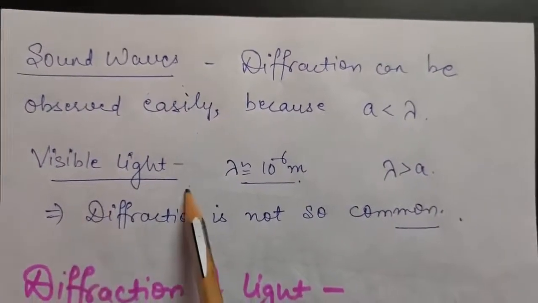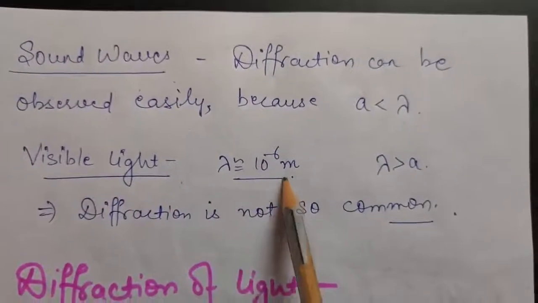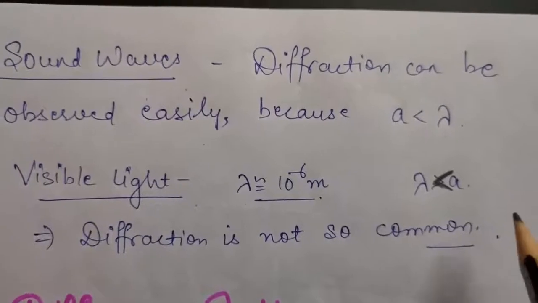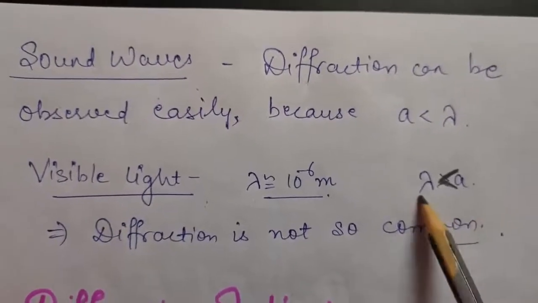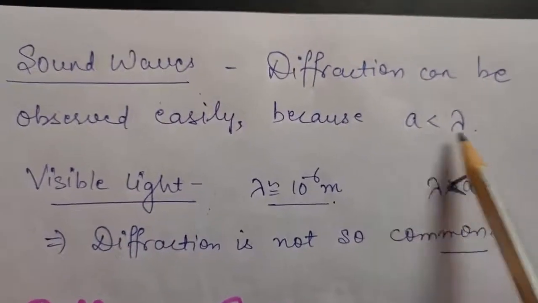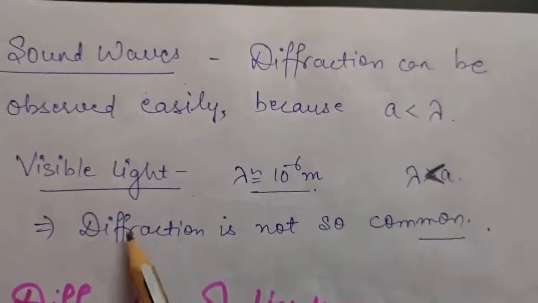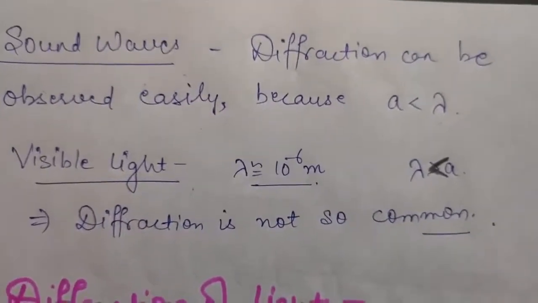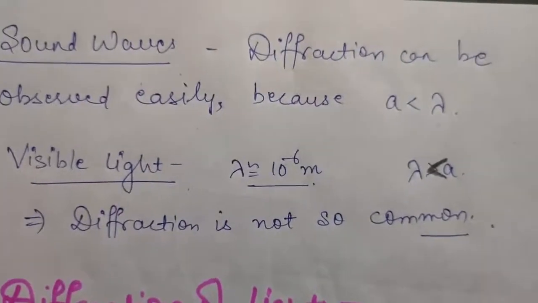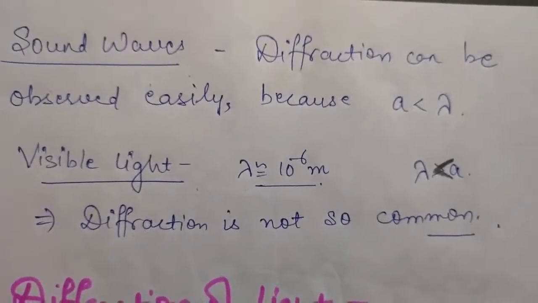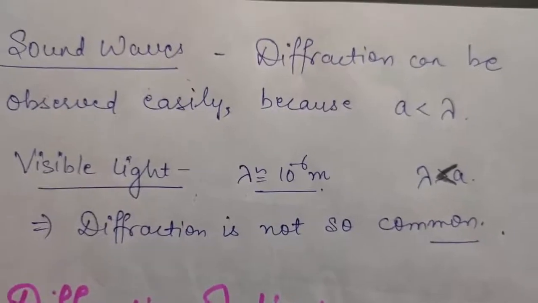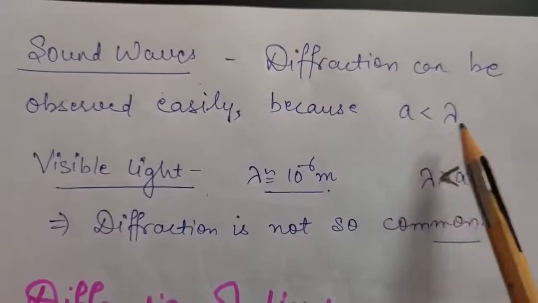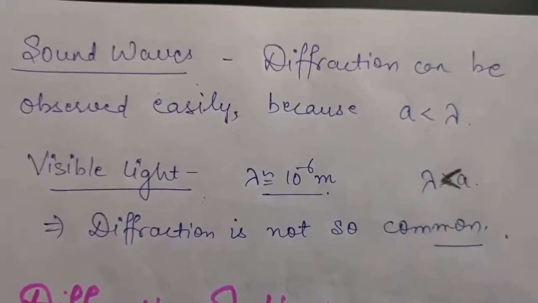But in case of visible light, the wavelength is small and therefore the size of the obstacle becomes greater as compared to lambda. This condition is opposite, therefore diffraction of visible light is not so common. So for diffraction to take place easily and to be noticeable, this condition should be satisfied, that is, your slit width should be less than the wavelength of light.